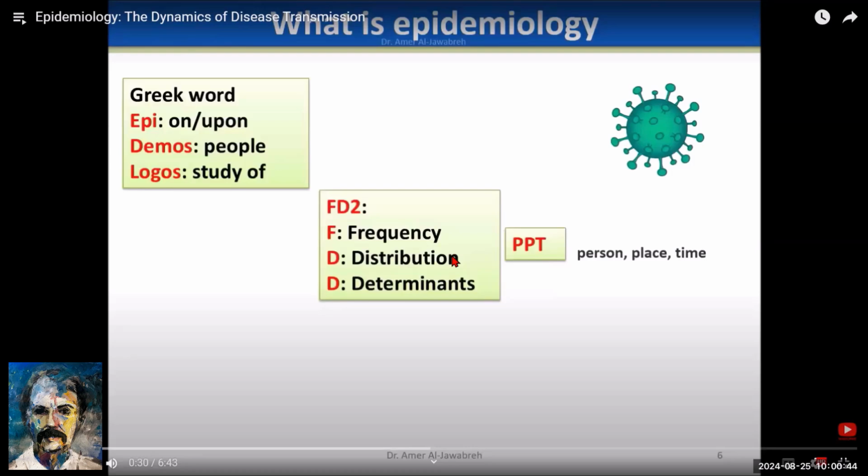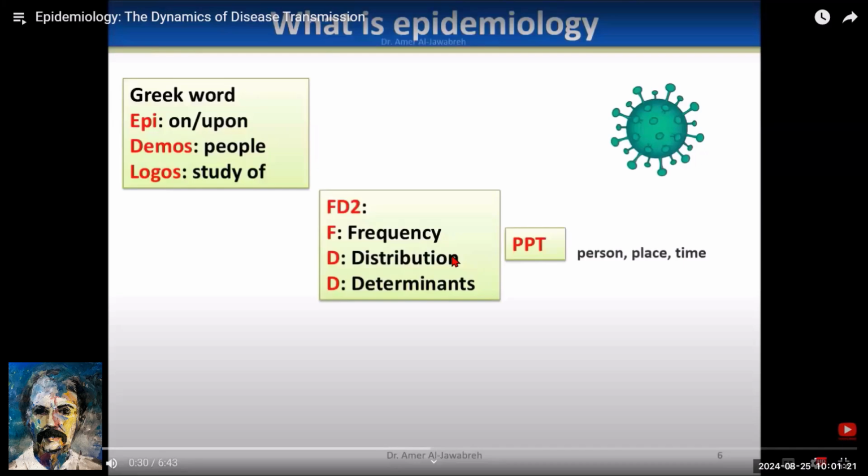Usually you can give them in the form of raw data. Let's say in our city, we have 20 cases. Or, to be more meaningful, we can give a rate. We have 1 case in every 100,000. This is more professional. So for frequency, you can give the raw number, we have 50, regardless of how big your city or country is.